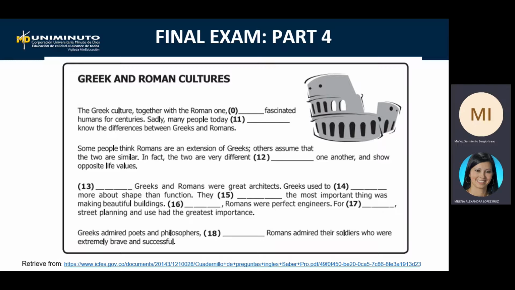Greeks used to worry more about shape than function. So, Sergio, you say B, yes? You say B?